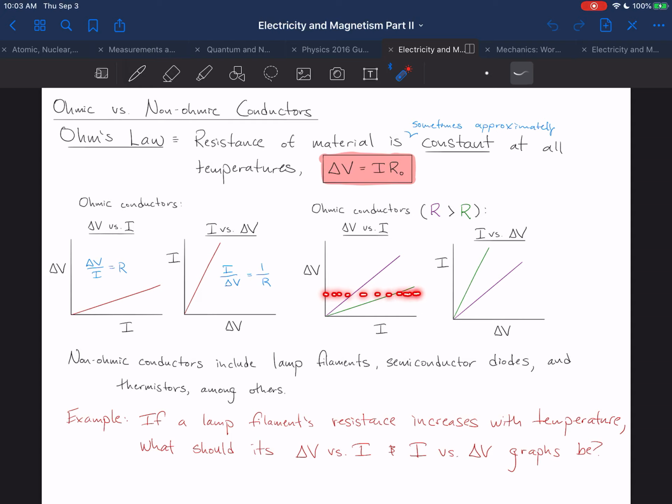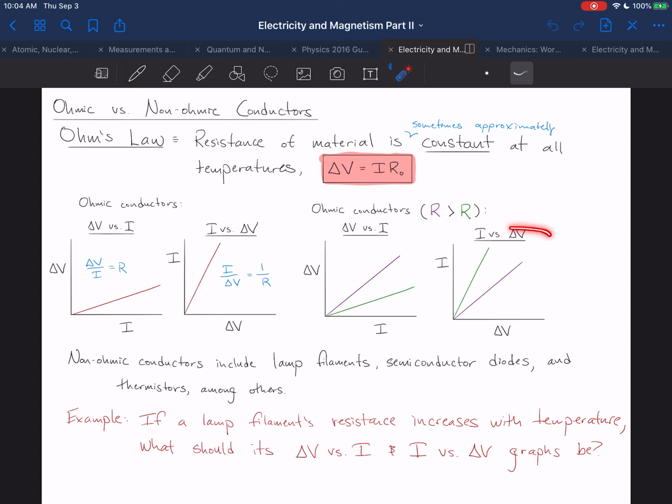So let's do potential difference first. If I draw this line right here, I can see that for the same delta V, a lower resistance object has a higher current than the higher resistance object. Equivalently, to get the same amount of current out, the low resistance circuit will need a lower potential difference than the high resistance circuit, right here.